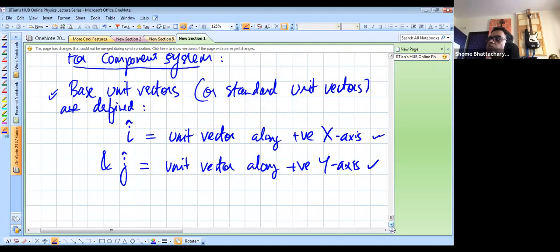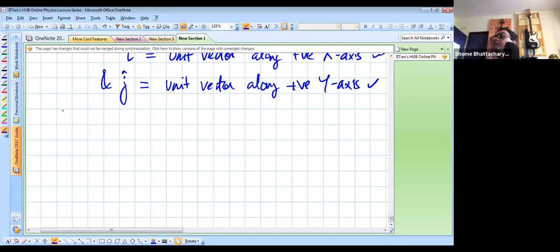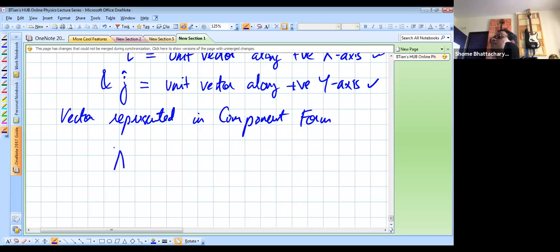Right. Next, once we have defined the unit vectors, how do we represent a vector? The vector represented in component form becomes like this: the vector will be written as some scalar quantity which we denote as ax multiplied by the unit vector i cap, plus some scalar represented by the symbol ay multiplied by j cap.